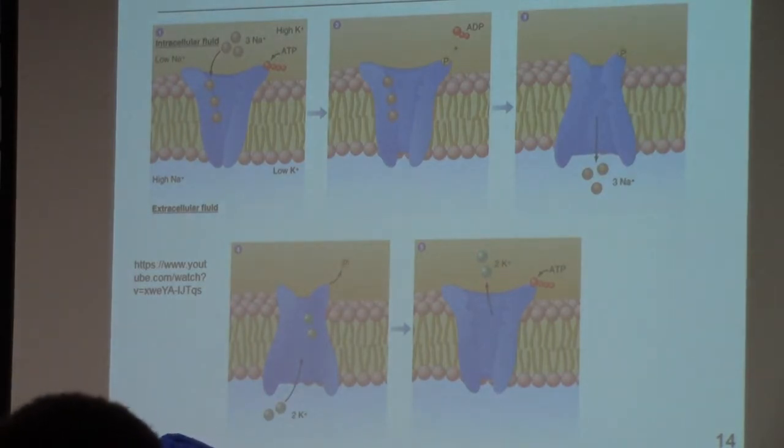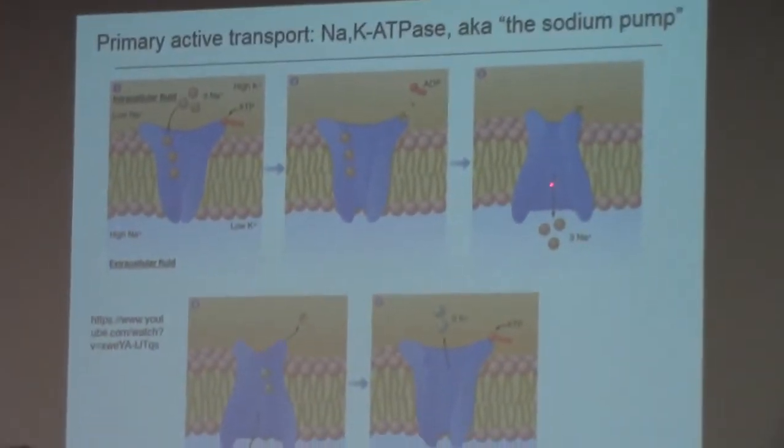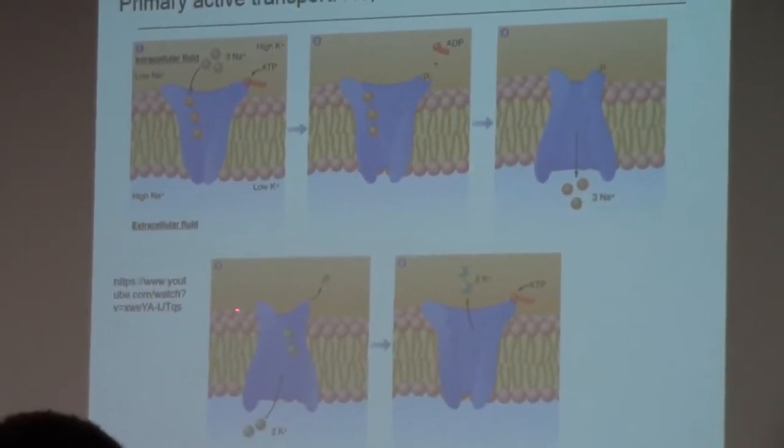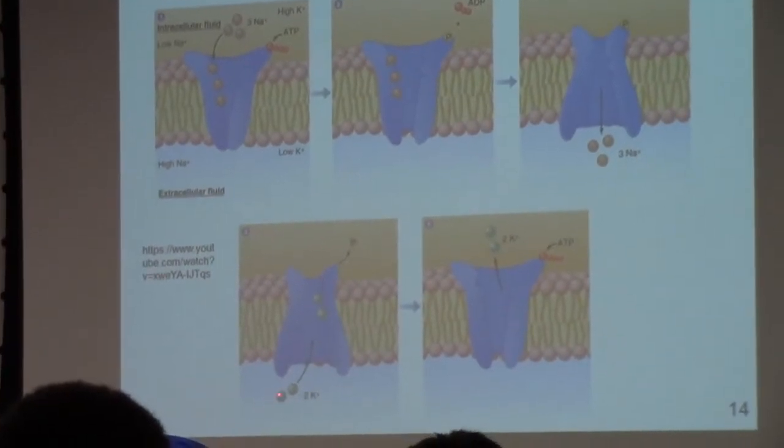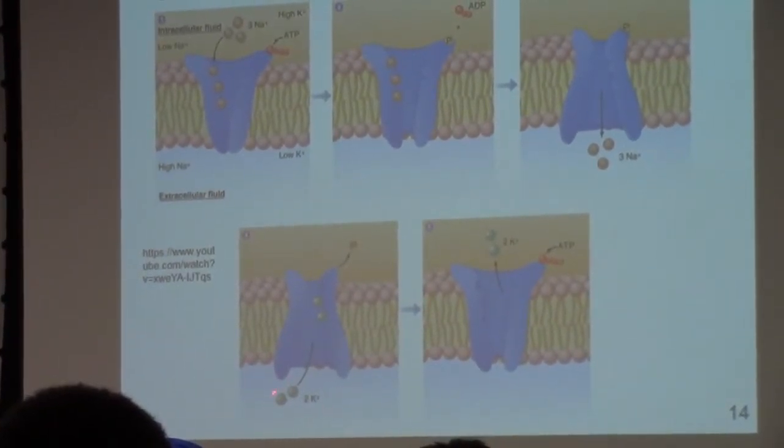Unbinding or dissociation and diffusion. Okay? So that's what happens here. Now we have, I guess this one here, 4. So now we have 2 potassium ions on the outside. Binding and diffusion. Binding to binding sites.